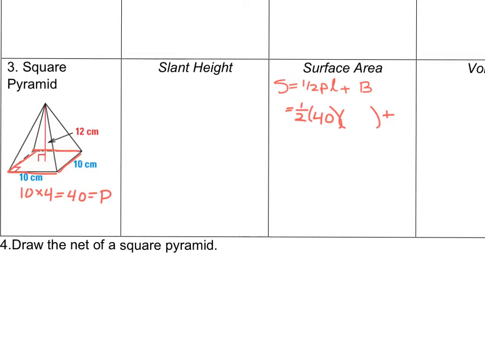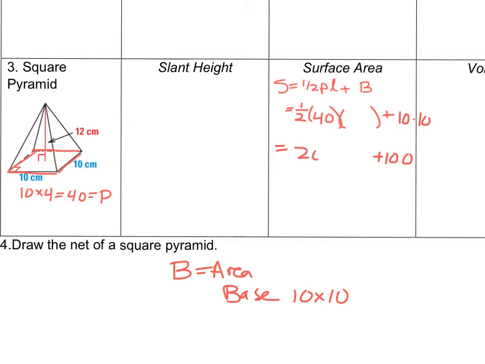It says big B. That's area of the base. So that's going to be 10 times 10. So we got 20 times something plus 100. 20 times L. Okay, so what's L? Tell you what, I'm going to go ahead and leave a spot for it. We need to figure out what it is.